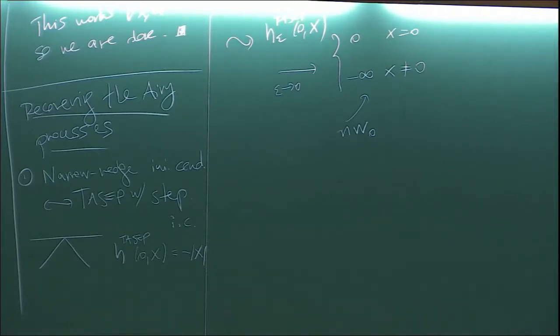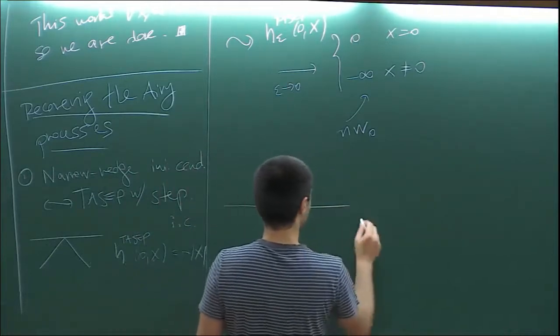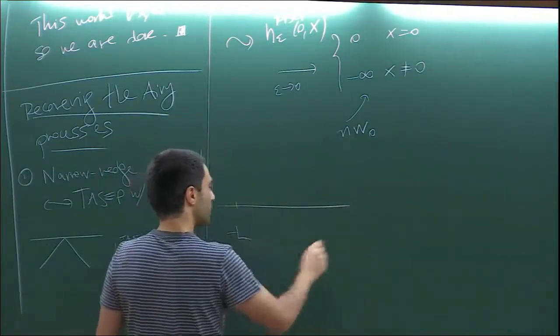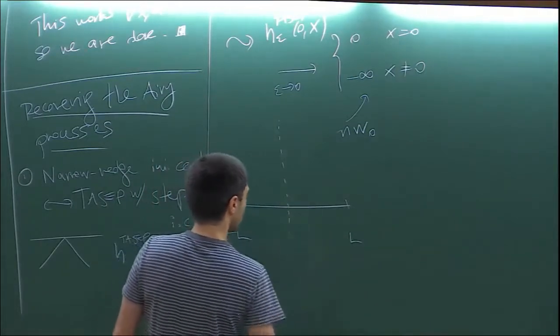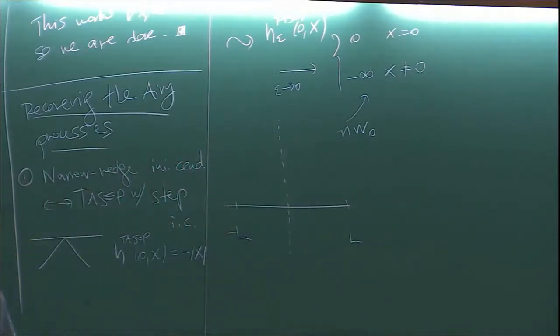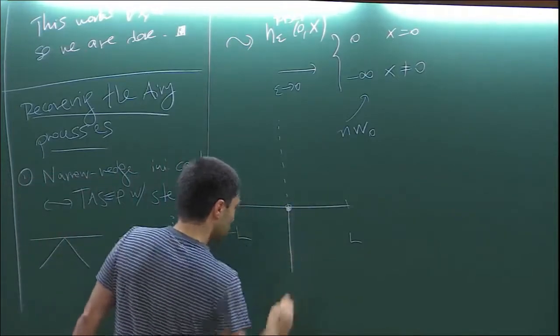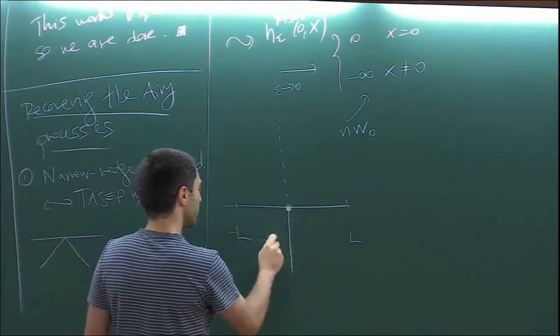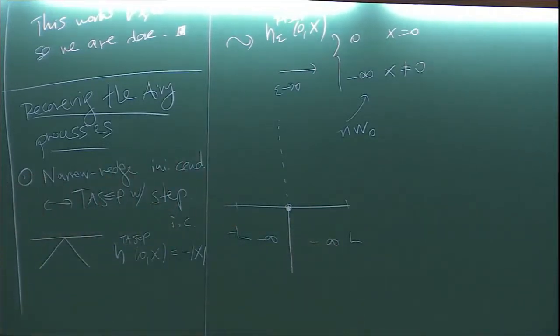But here's what we're doing. I'm going from minus L to L. My function is 0 here, and minus infinity everywhere else. I'm not going to compute the operator yet, I'm only going to compute this heat probability.